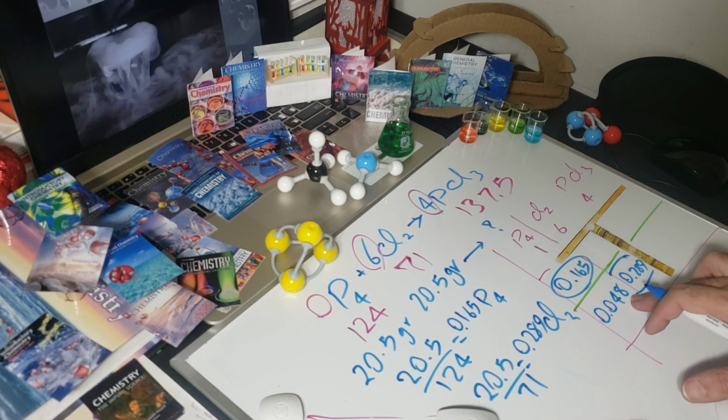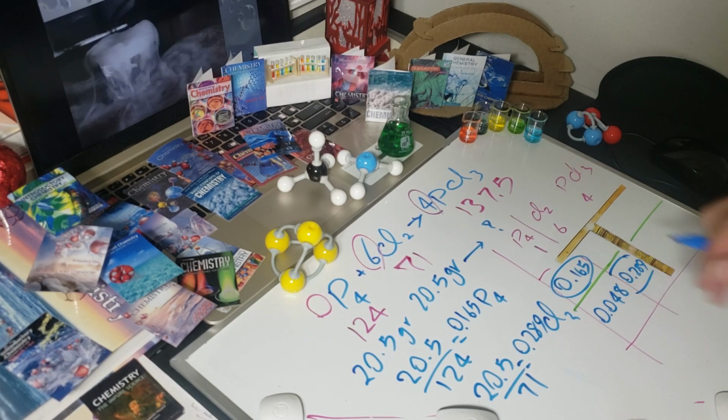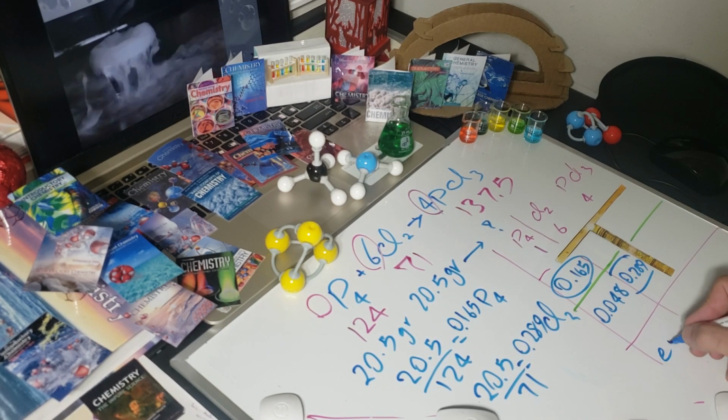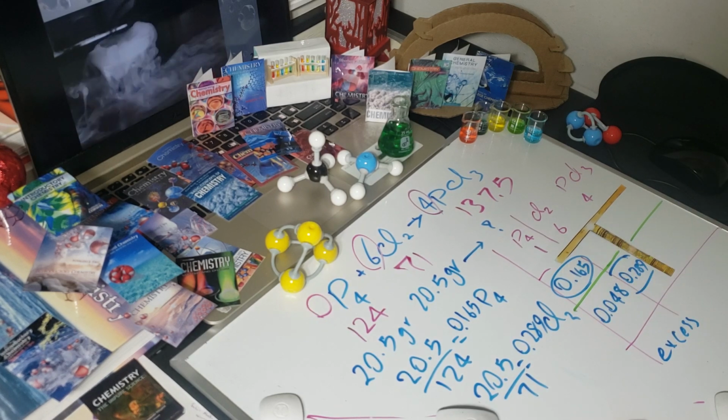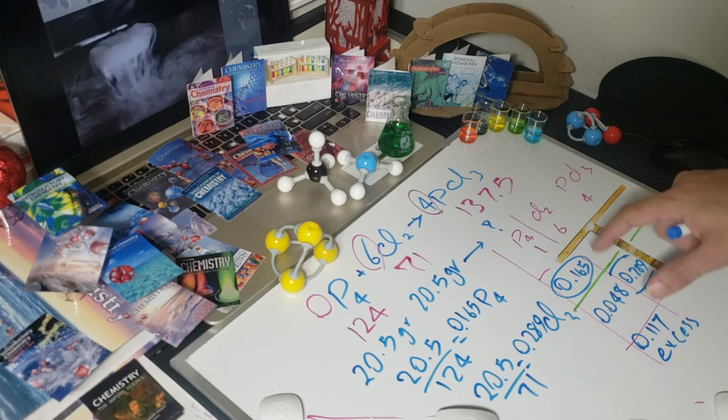I need 0.048 and I have 0.165. So this is going to be my excess because I have more, and if I took this minus this, that would give me 0.117. That's the amount of moles of phosphorus in excess, and this one you could almost instantly understand is going to be your limiting reactant, but then you have to compute this.